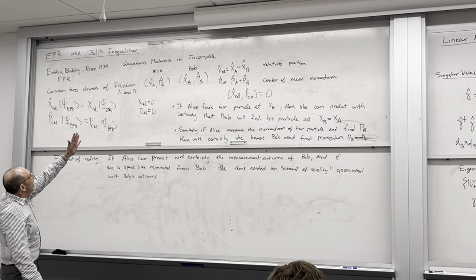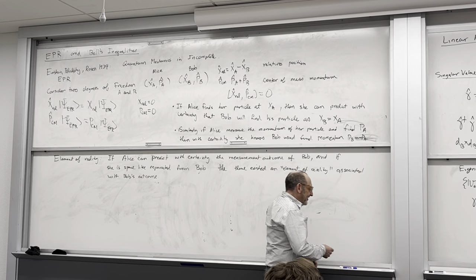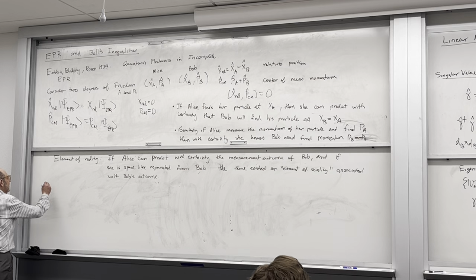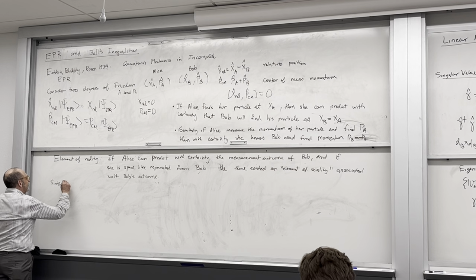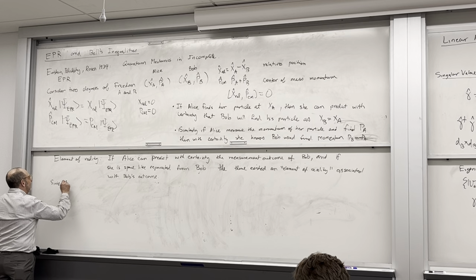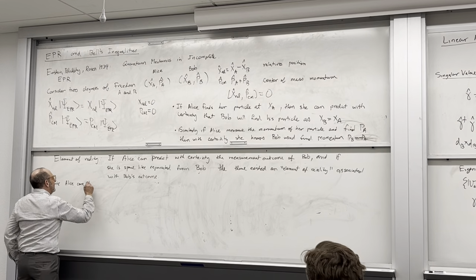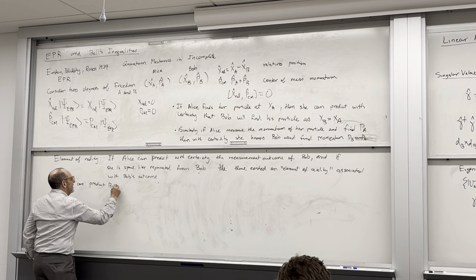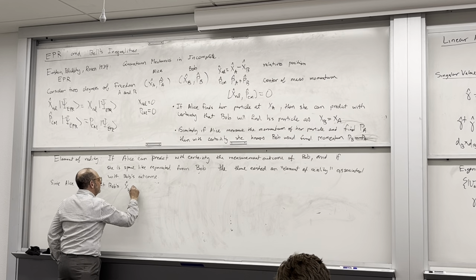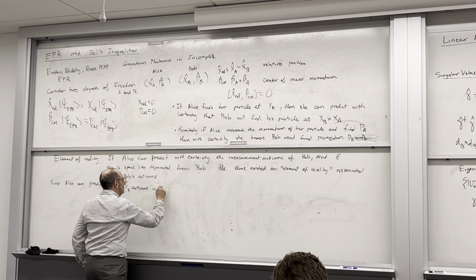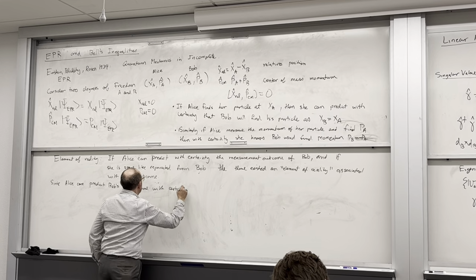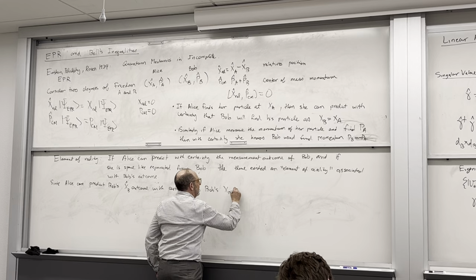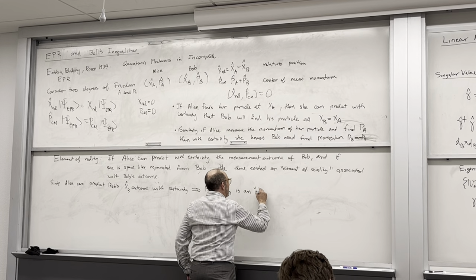And so the notion of incompleteness of quantum mechanics is what the argument of EPR is, to say, since Alice can predict Bob's X outcome with certainty, Bob's X is an element of reality.